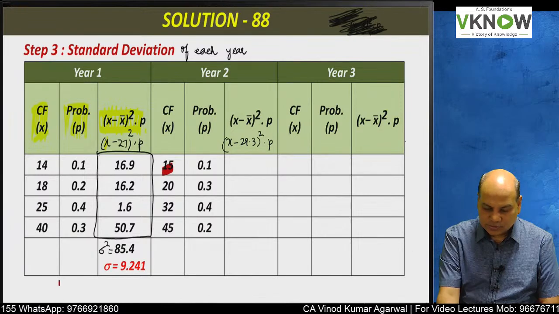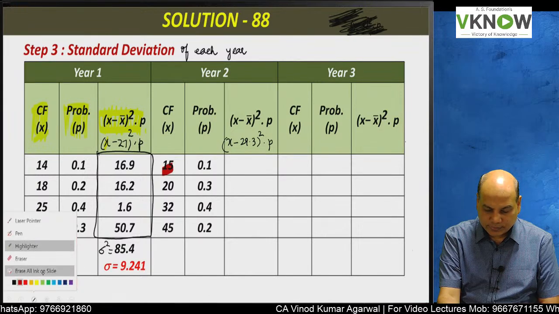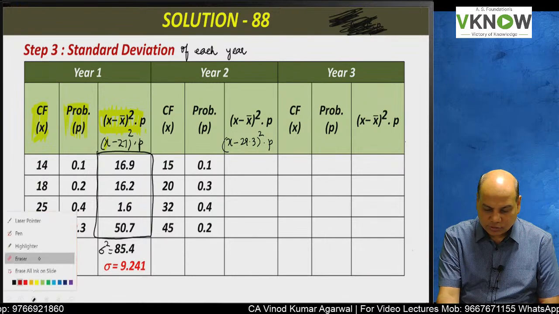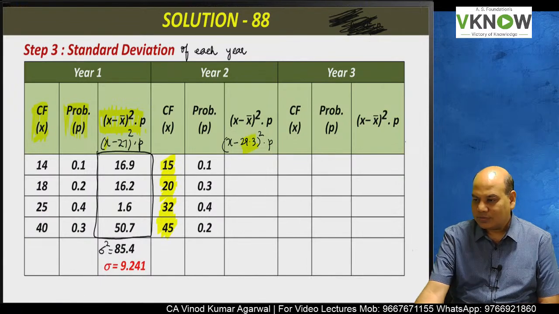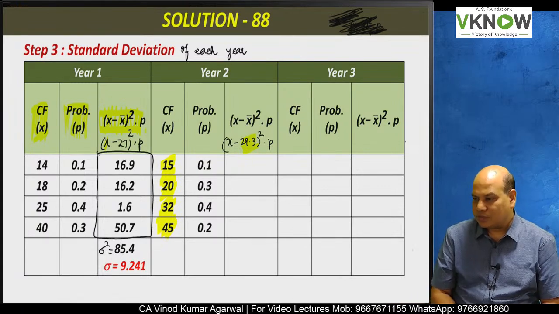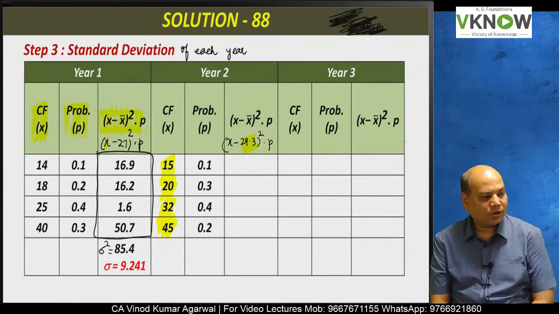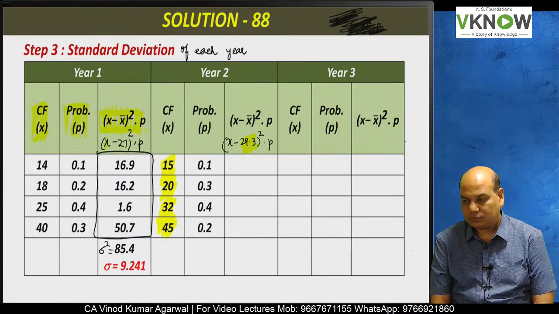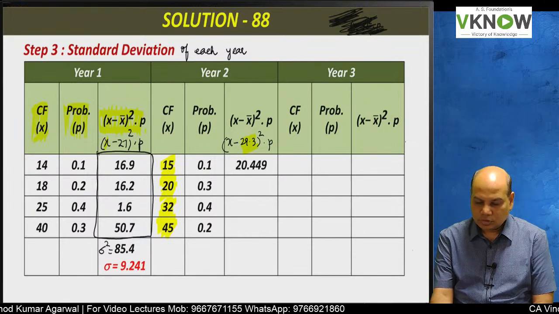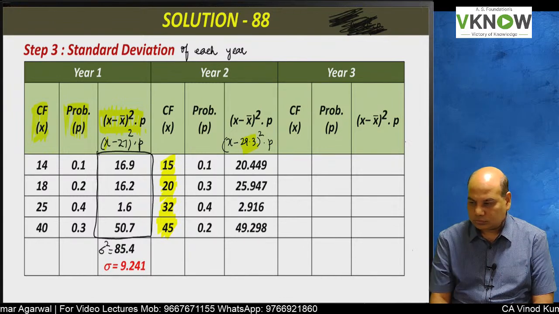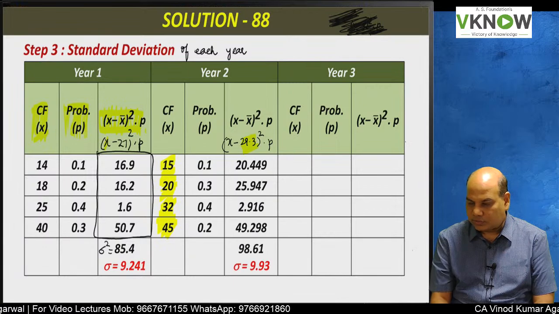So x minus 29.3 square into P. This column is x. Total of the year 2, please reply. Total of the year 2 is how much? 100 point something.